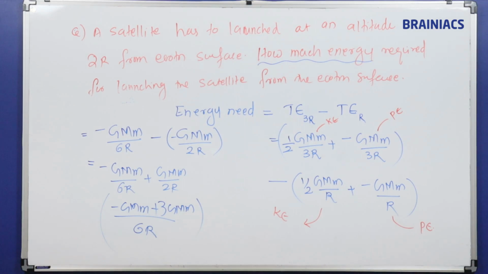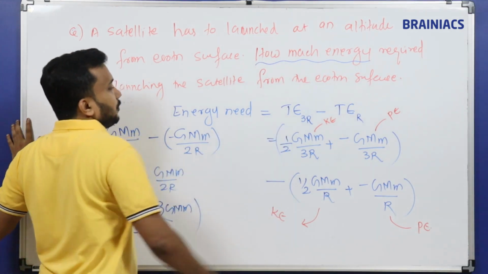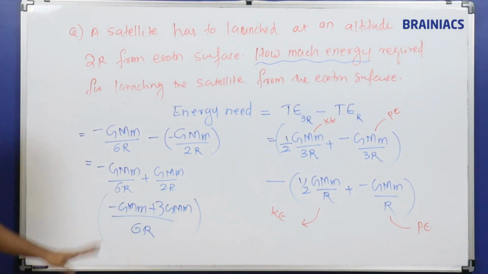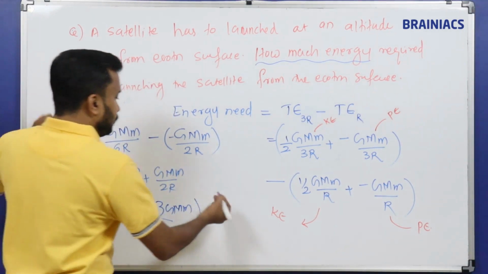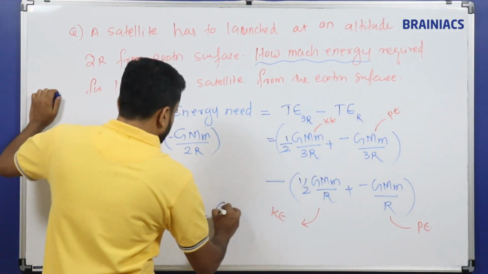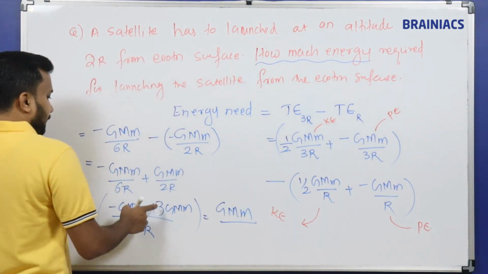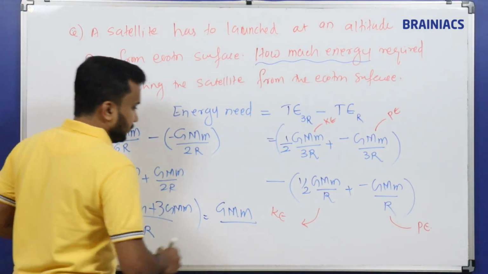So we'll take the difference, total energy at a distance of 3r minus total energy at a distance of r. Simplifying this one, how much will we get? 2 GMm in the numerator divided by 6r, which is equal to, 2 by 6 is 1 by 3.